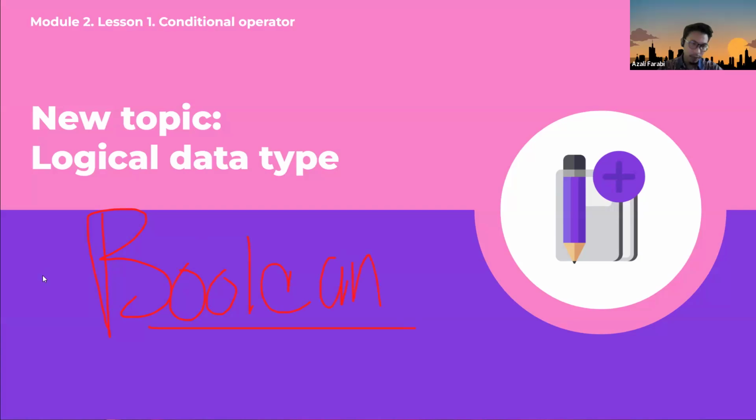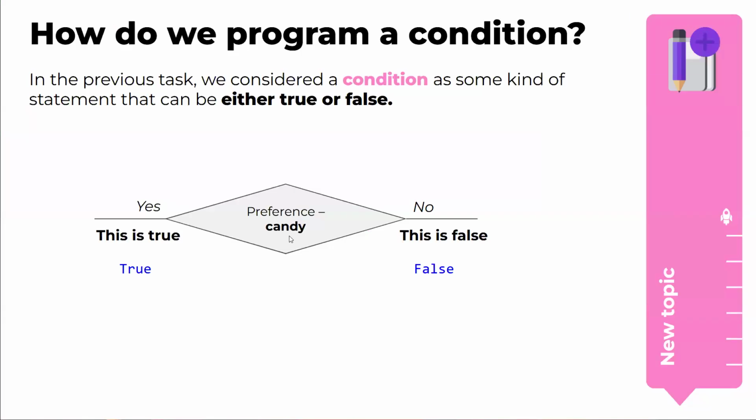And what's the value? If the numerical data type has a number as its value, the string data type has a word or a sentence between quotation marks, right, Brian? Now, how about the logical data type? Well, the logical data type has two values: either true or false.